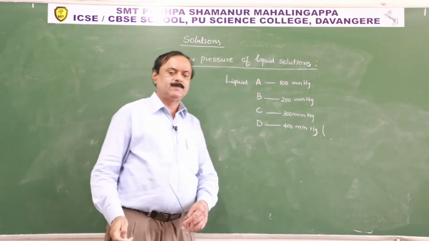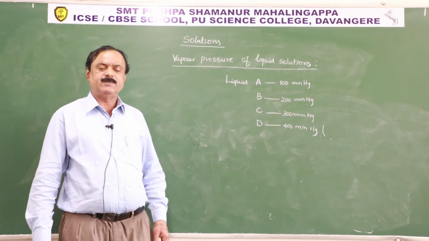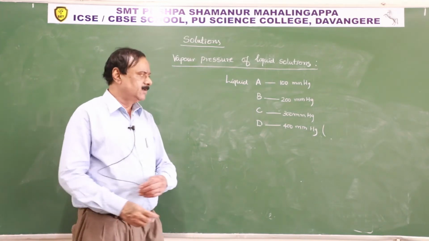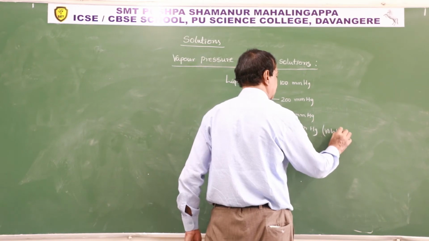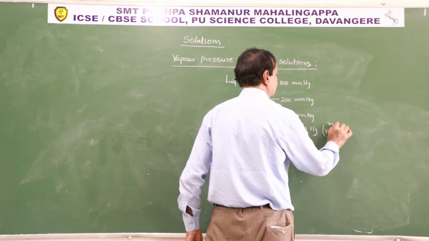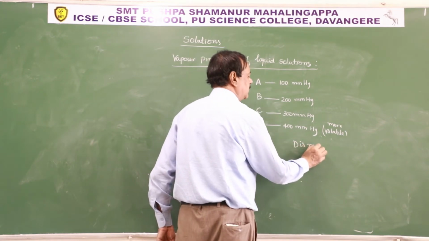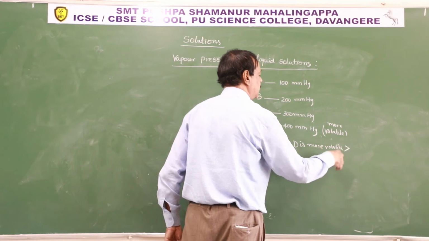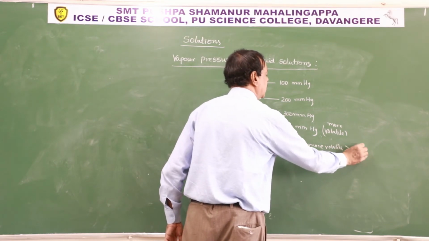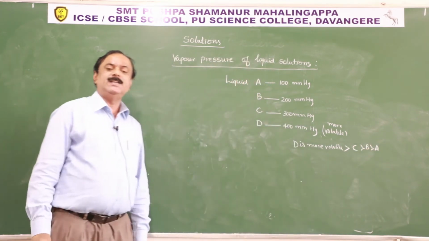Liquids with higher vapor pressure are more volatile. Therefore, D is more volatile compared to C, compared to B, compared to A.